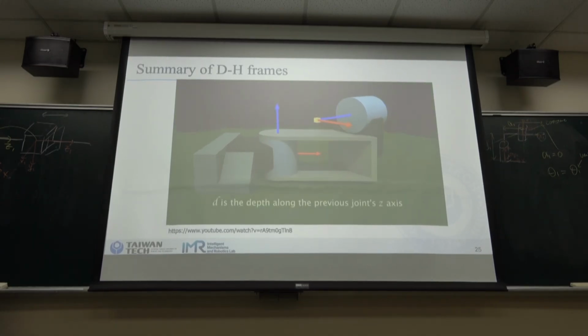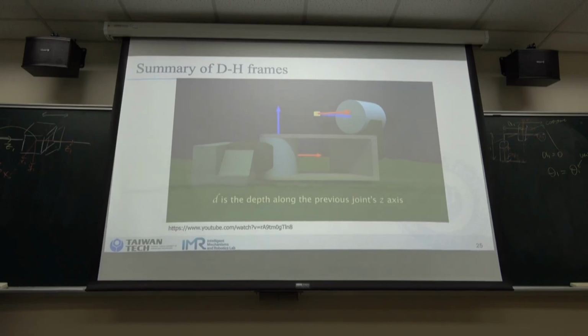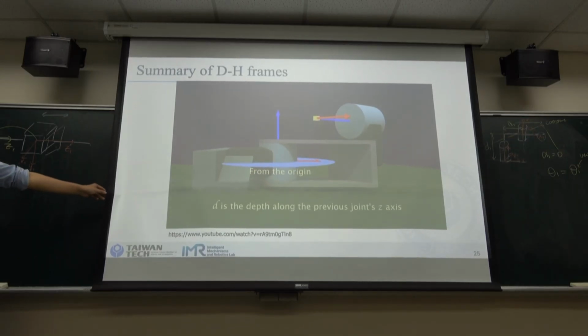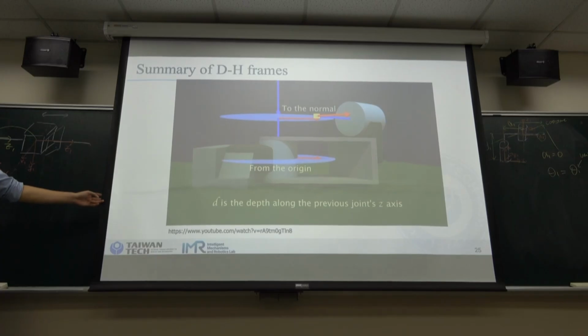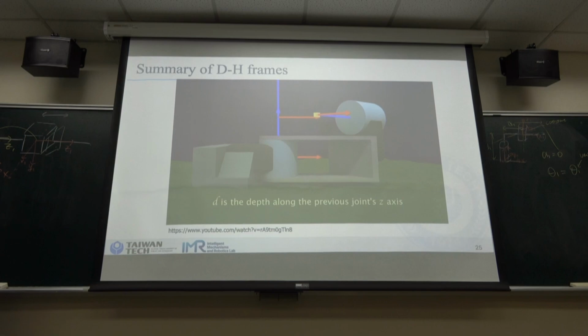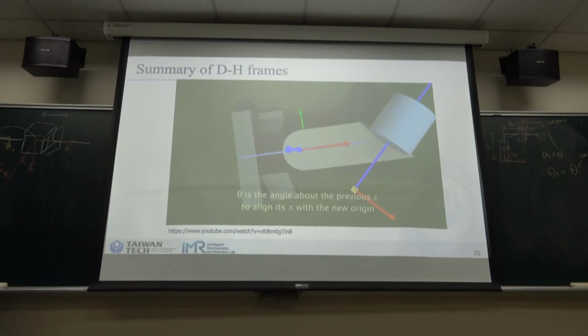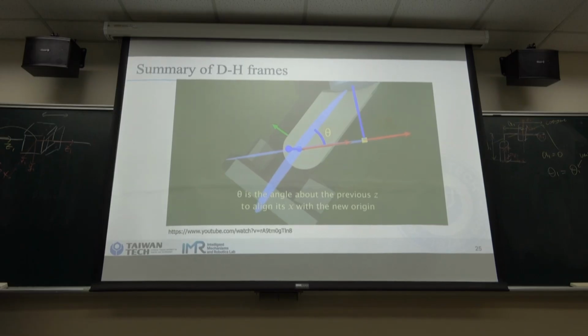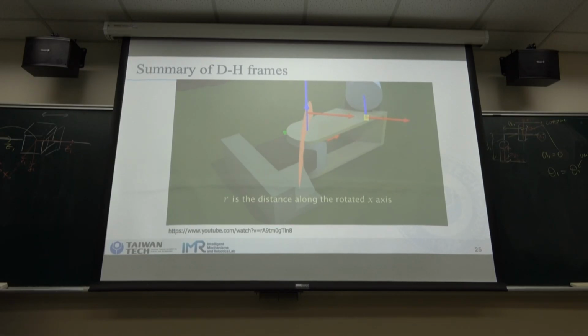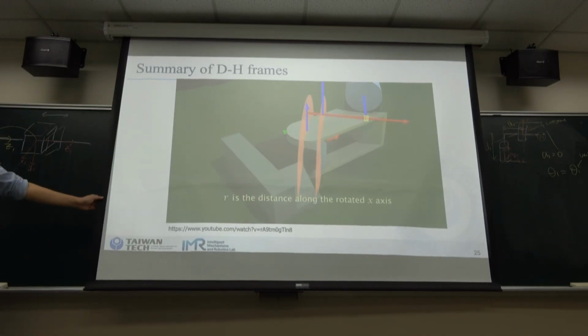The first of these, d, is the depth along the previous joint's z-axis, from the origin to the common normal. Theta rotates about the previous z-axis to align the x-axis. R is the length of the common normal itself.